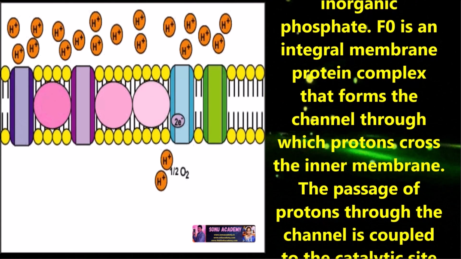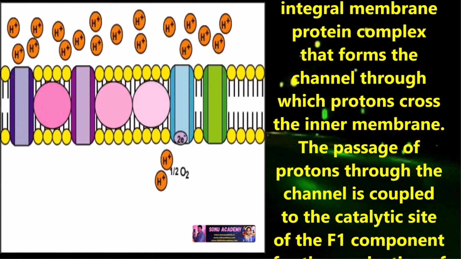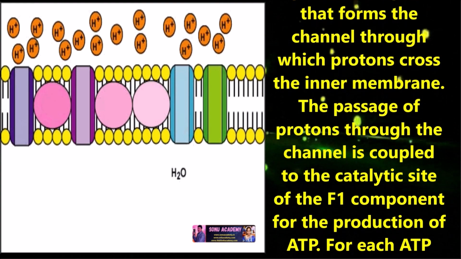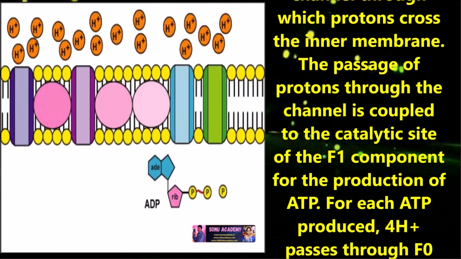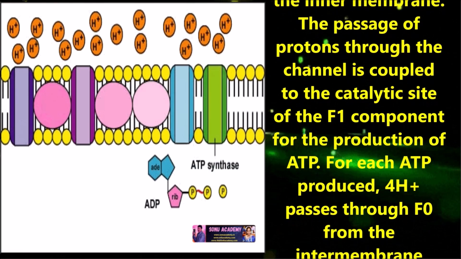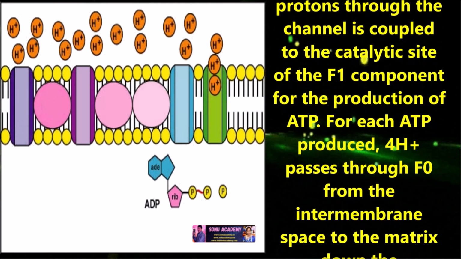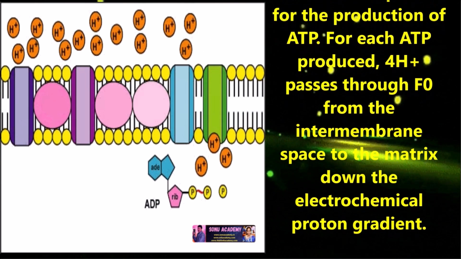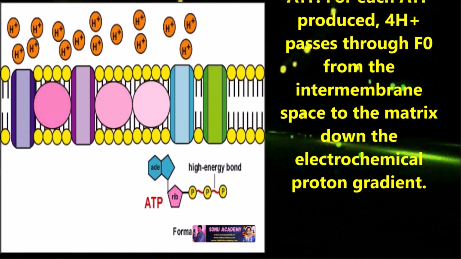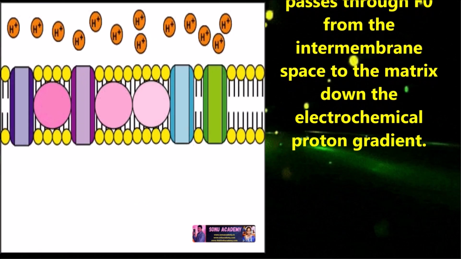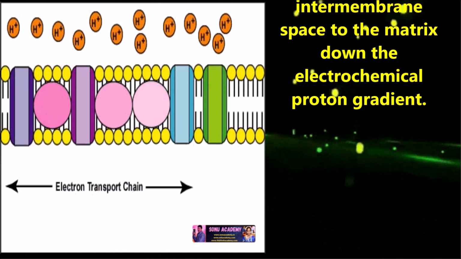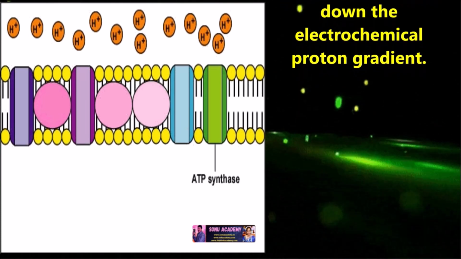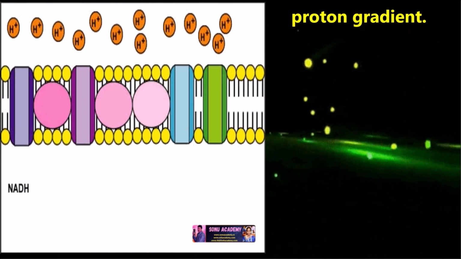Fo is an integral membrane protein complex that forms the channel through which protons cross the inner membrane. The passage of protons through the channel is coupled to the catalytic site of the F1 component for the production of ATP. For each ATP produced, 4H+ passes through Fo from the intermembrane space to the matrix down the electrochemical proton gradient.